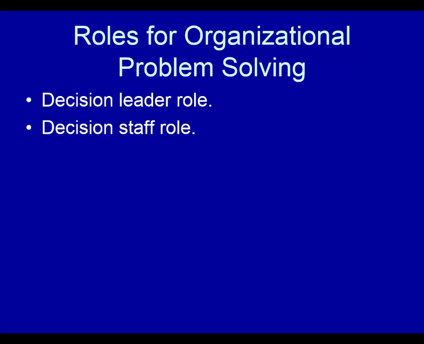That is the decision leader. Decision staff are people whose cooperation is needed for effective implementation, meaning they are the ones who will implement the solution to the problem. So the question becomes, for this presentation, to what extent should they be assigned responsibility or power over the decision to be made or the solution to be accomplished?